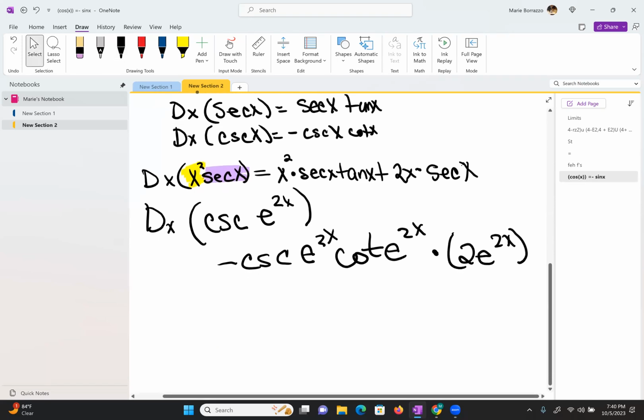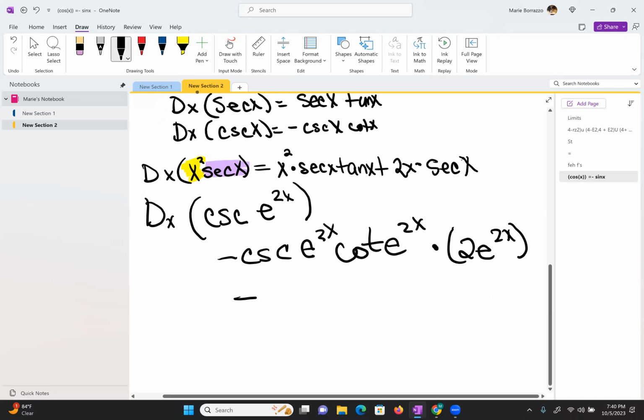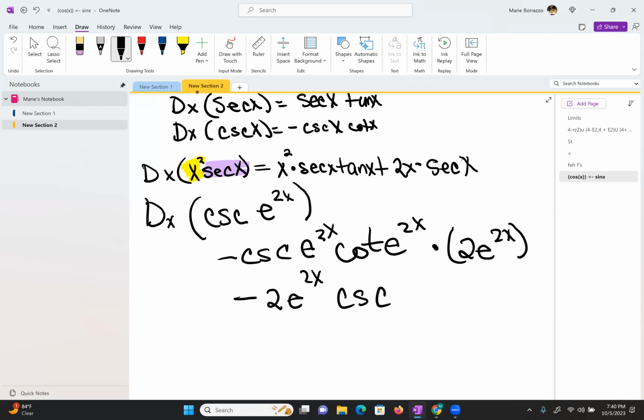If I simplify this, it will be simply negative 2e to the 2x cosecant e to the 2x cotan e to the 2x.